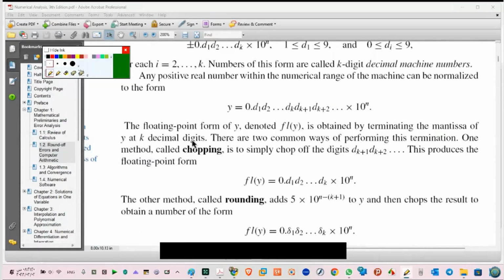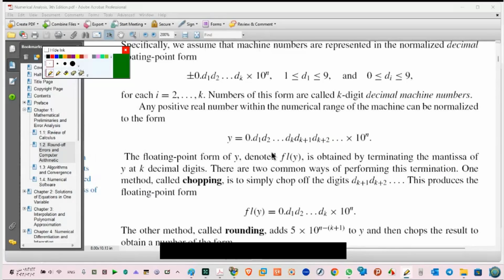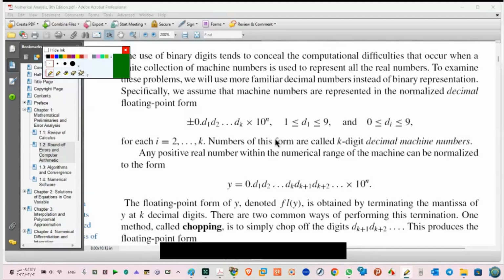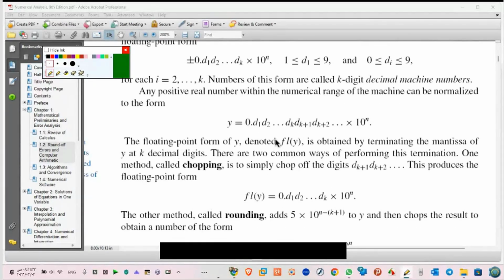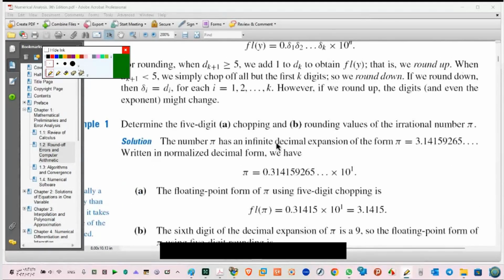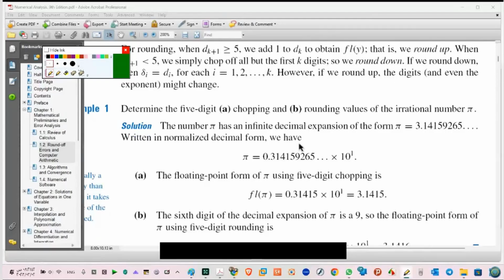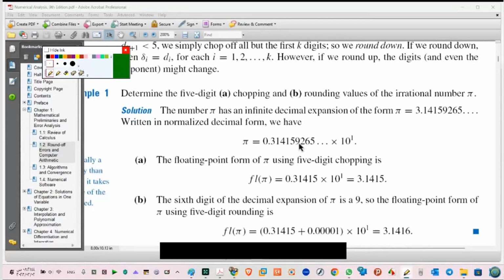Now let's talk about two methods for summarization. What are those? Let's start with this example, and during this example, I will tell you about them.